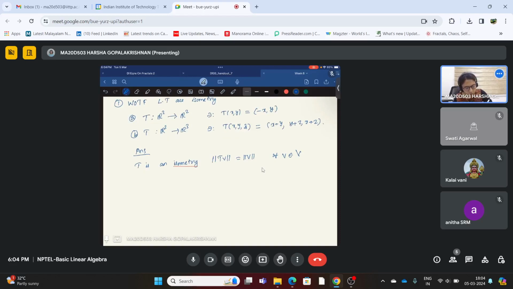So, what is norm of T(x, y)? Here (x, y) is some random vector in R2. Let (x, y) be any arbitrary vector in R2. What is norm of T(x, y) by definition?